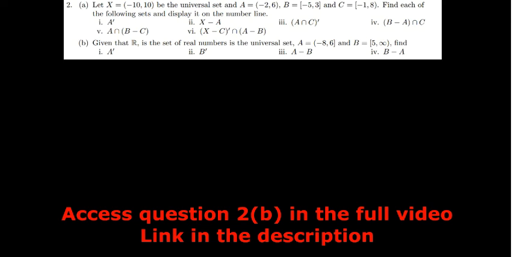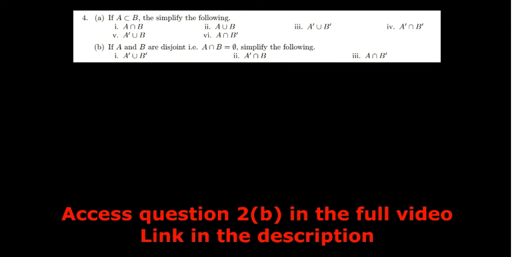So quickly, I'll answer A complement. So we're now dealing with the concept of subsets. So if A is a subset of B, then simplify the following. So the best way we can approach this question is I'll do this.